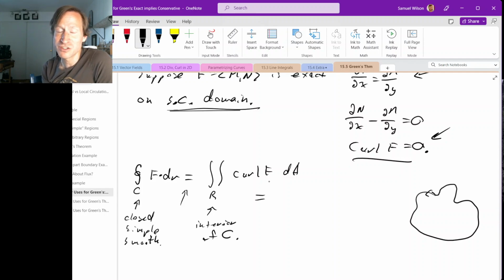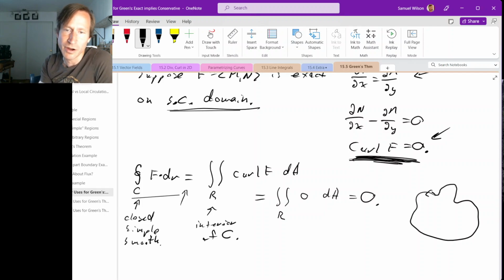So since this double integral exists, we can think about what value it should have, and by assuming that the vector field is exact, we've guaranteed that the curl of f is 0, and so this double integral is going to be 0. So that means that the line integral around any closed curve is equal to 0.